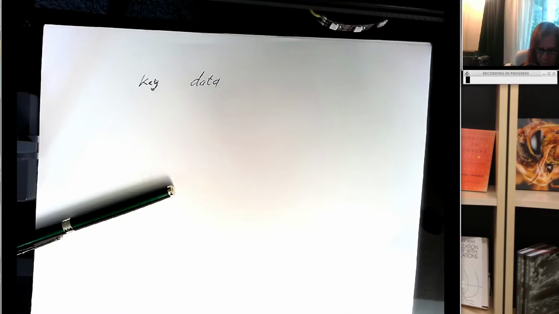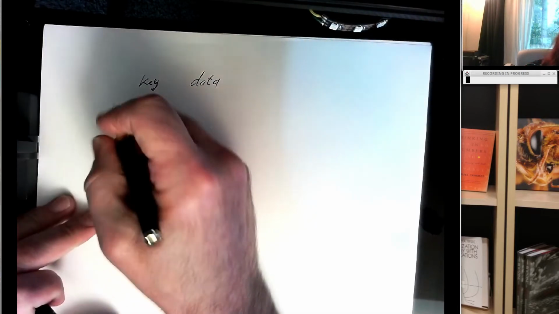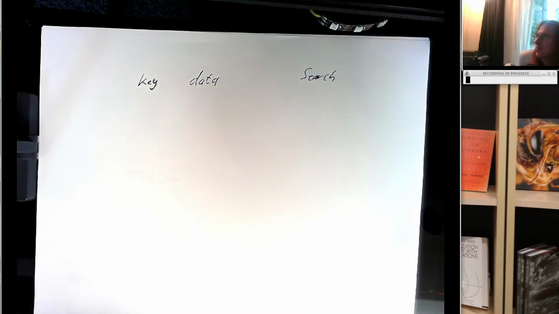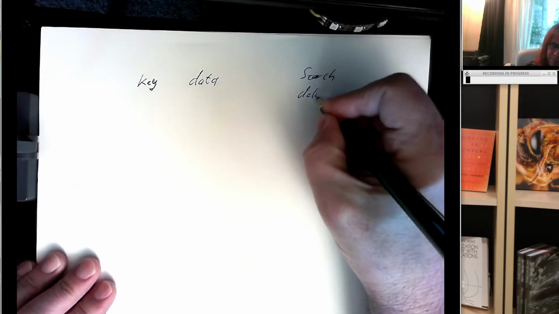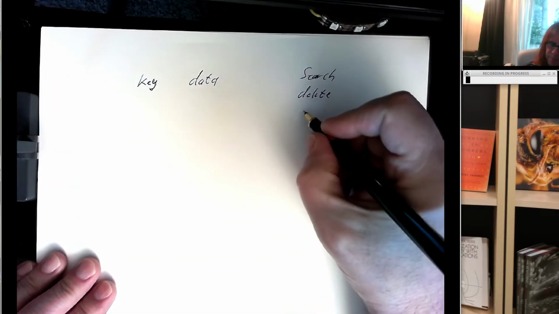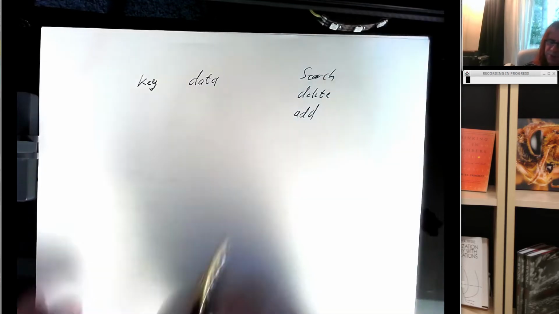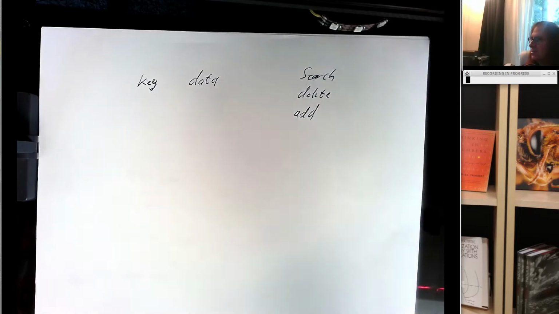Searching. Yeah, searching. What else? Deleting. I don't really think add would be very relevant. I mean, yeah, okay, well, you'd have to have some sort of way to get stuff into the hash. It might happen only once, or it might happen continually.